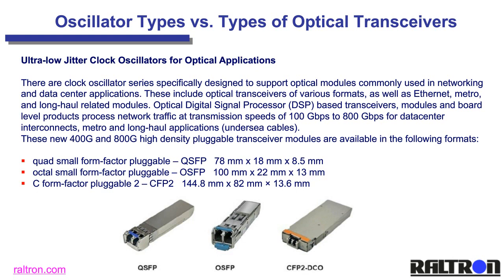You have quad small form factor pluggable, QSFP, with different levels of speed. Then octal small form factor pluggable, OSFP, and C form factor pluggable 2, which is the third protocol. You can see the sizes are a little bit different. QSFP is the smallest, and the industry is going more in this direction.